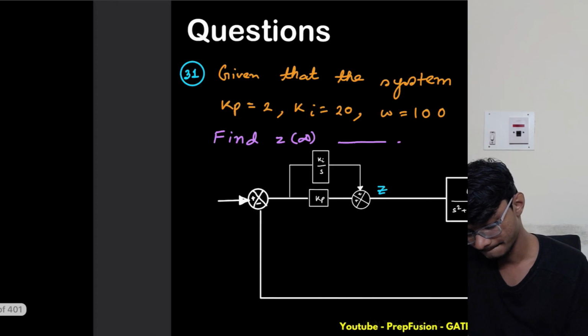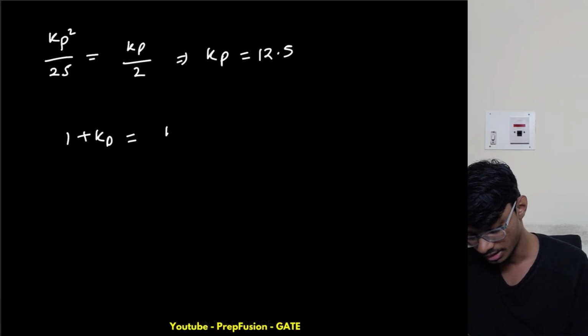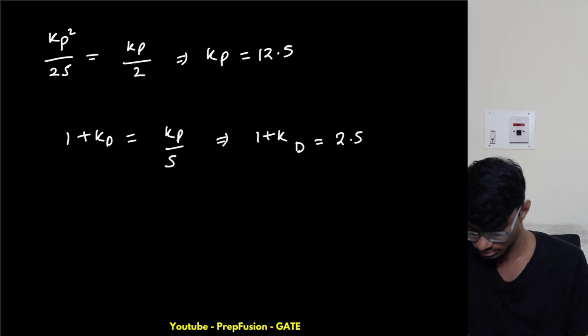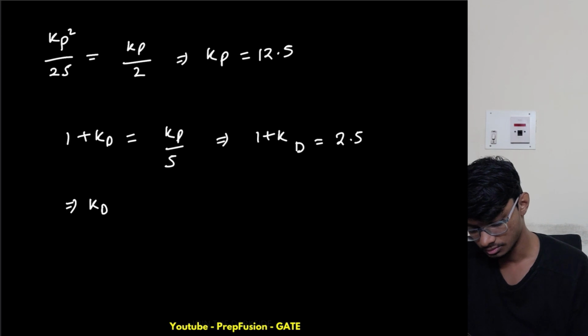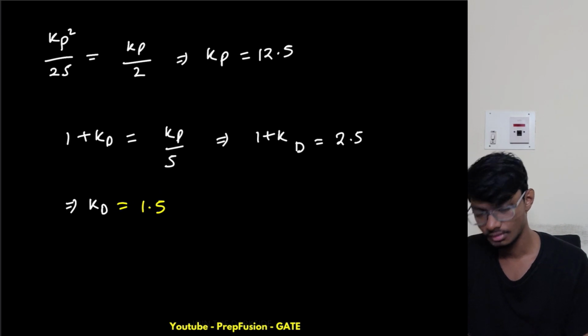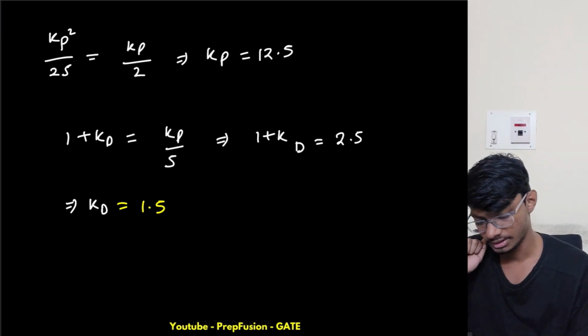So this will be kp by 5 basically. So 1 plus kd equals 2.5 and kd equals 1.5. Okay, kd equals 1.5. Okay, so this is my answer.